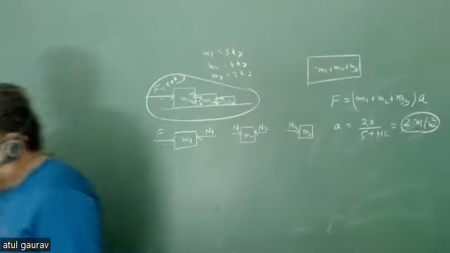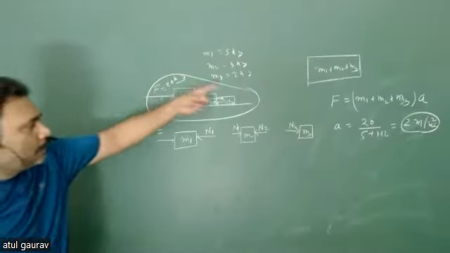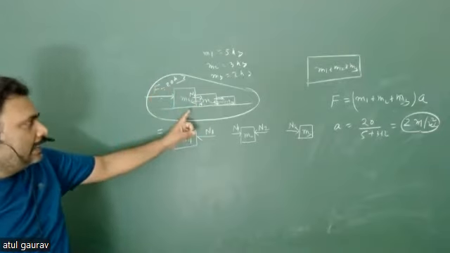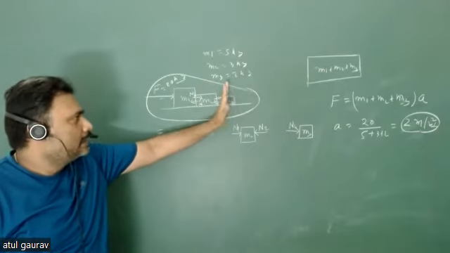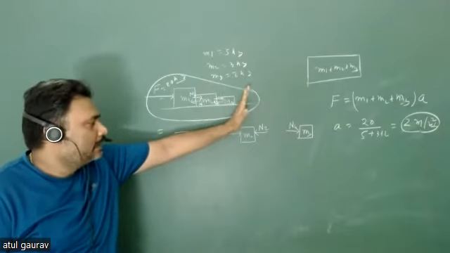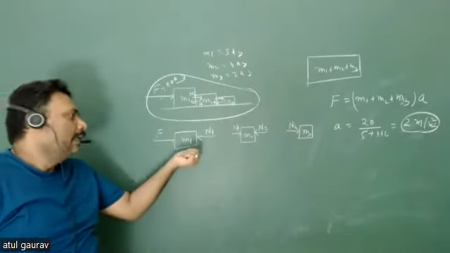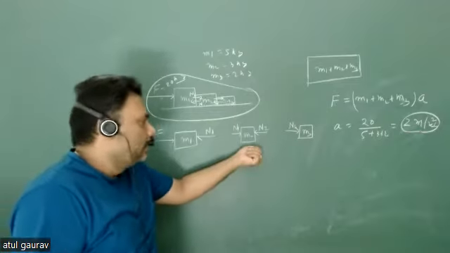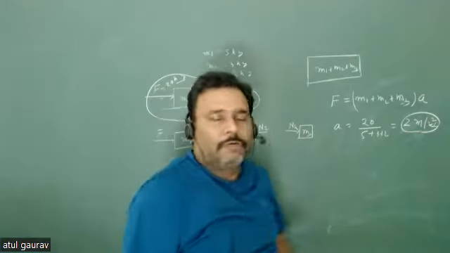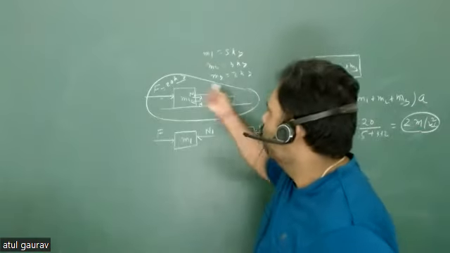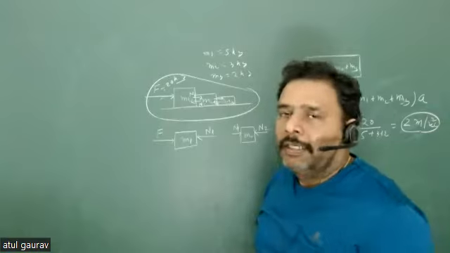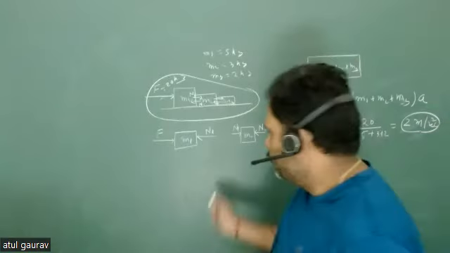So this is the acceleration of this whole system, and hence if it is moving x distance, then obviously acceleration of this one, and acceleration of this one, and acceleration of this one will also be the same, and that is equivalent to acceleration of the combined body. Then how will you write the equation of motion?